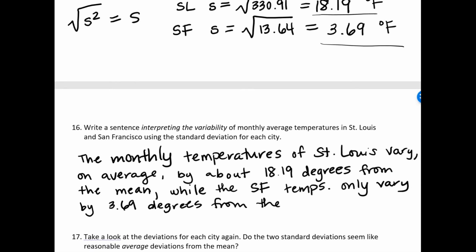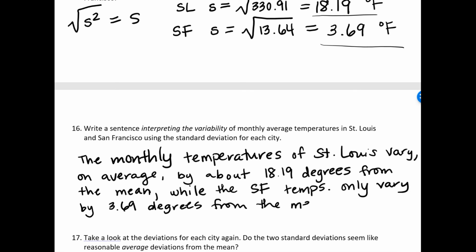Right? It's important to remember that we're talking about from the mean or around the mean, and really we're saying on average. On average, what kind of deviations do we see? Well, in St. Louis, we see deviations on average about 18 degrees, versus in San Francisco, we see them on average by about 3 to 4 degrees.